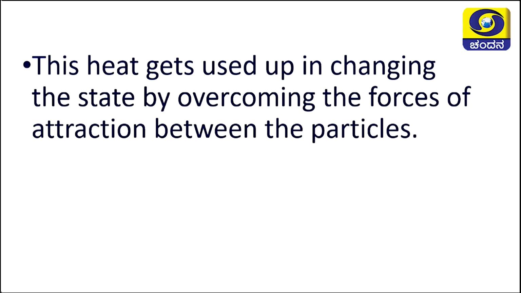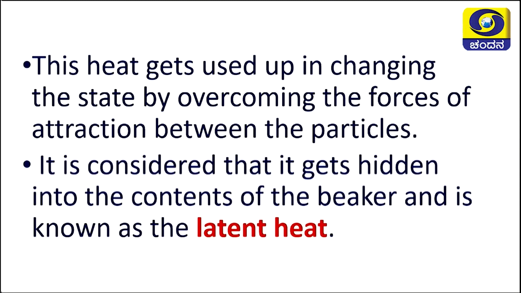So, where does the heat go? This heat gets used up in changing the state by overcoming the forces of attraction between the particles. It is considered that it gets hidden in the contents of the beaker and is known as latent heat.